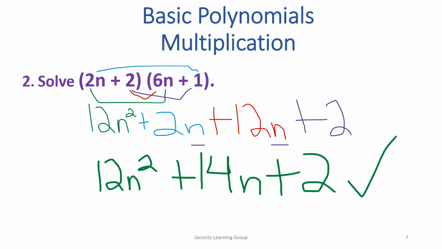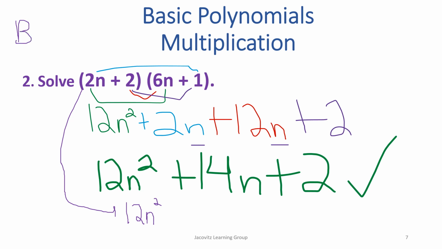Look at this. This is a FOIL problem. I'm going to do this again. Let's follow along. I'll use purple here. Okay, 2n times 6n. Let's go down here. That's your 12n squared. You are multiplying. The brackets are together.